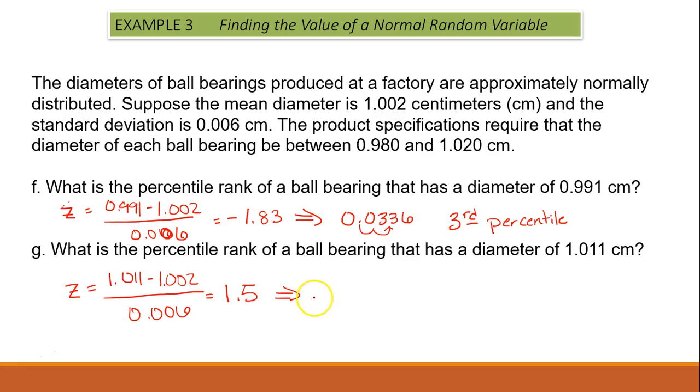Look up the area under that z-score, and it gives us 0.9332. Now again, just change this to a whole number, move it 2 decimal places, and that is our percentile ranking. So 93rd percentile. Okay, and then let's look at 2 more, I believe we have.